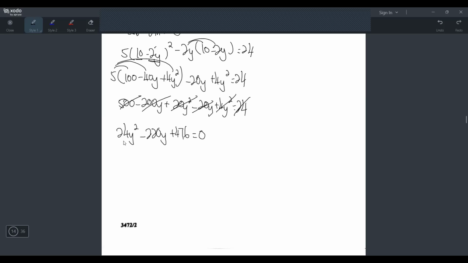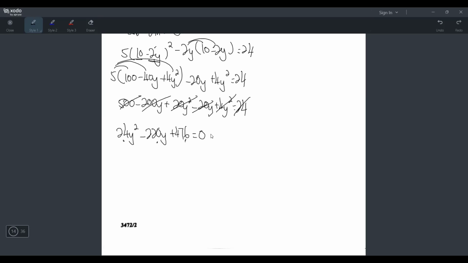But before you press the calculator, check whether all these numbers can be simplified. All these numbers can be divided by what? Let's see, 24, 220. Maybe divide by 24. I'm not sure. Let's try. Okay, cannot. 476 cannot be divided by 24.